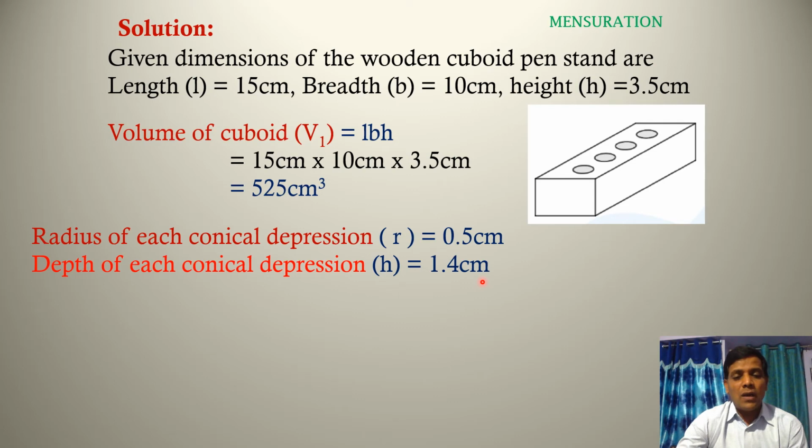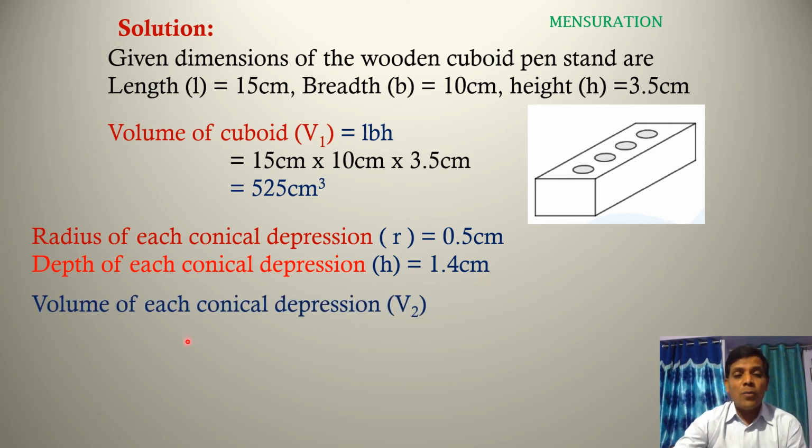So what is the volume of a cone? The formula is 1/3 π r² h. Now the volume of each conical depression, V2, equals 1/3 π r² h.